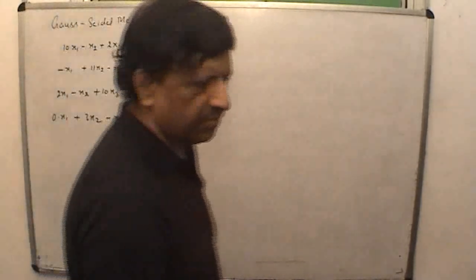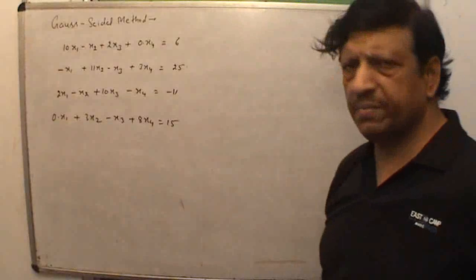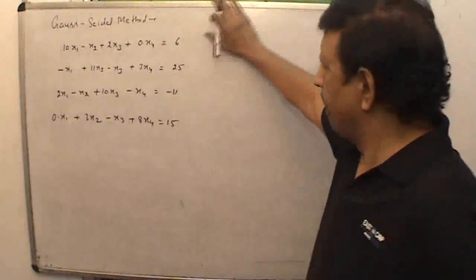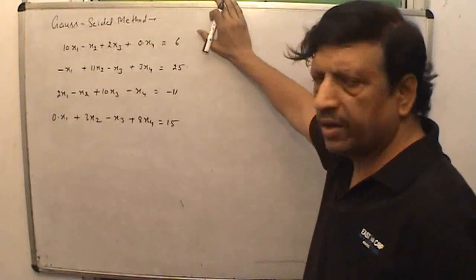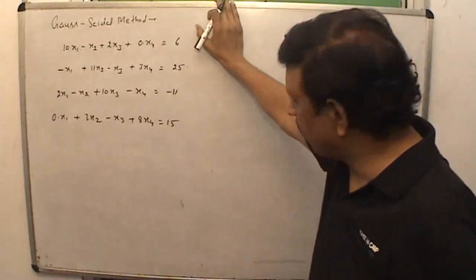Again we have a system. This time we have 4 variables and 4 equations. They may be 3. How to solve them? Again, the first step is the same. First step is the same means we follow the rule.